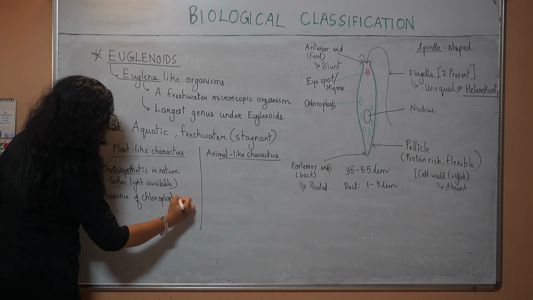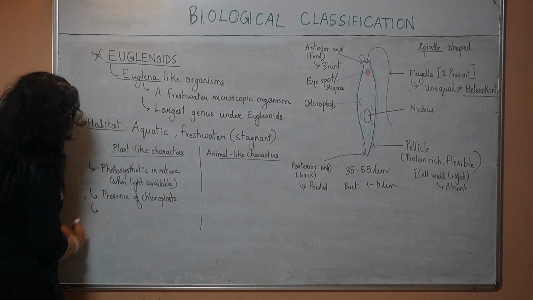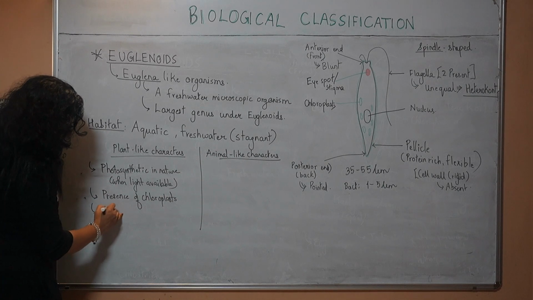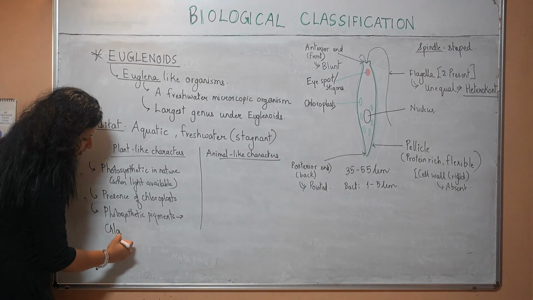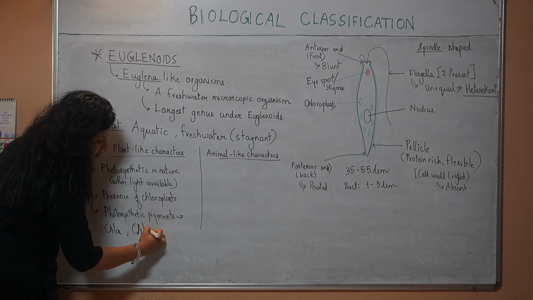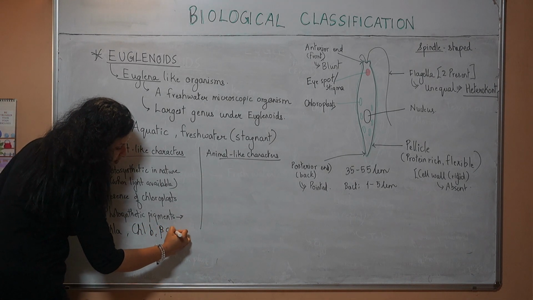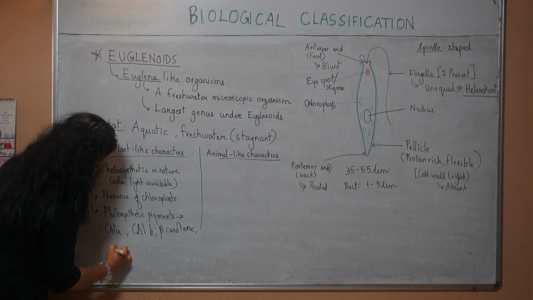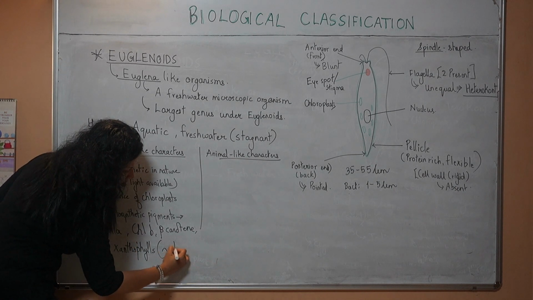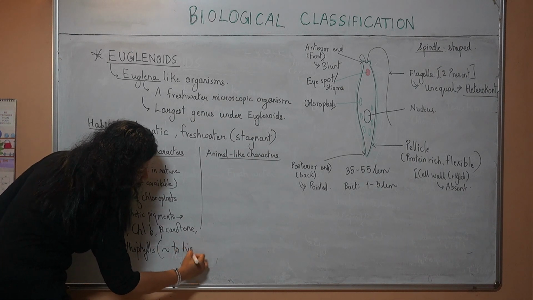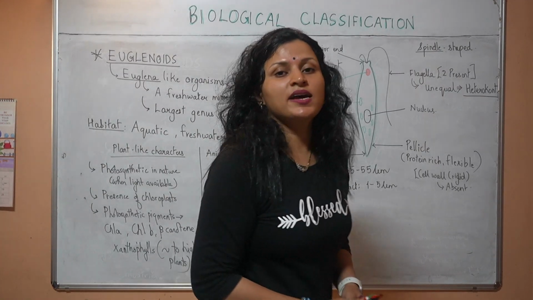Presence of chloroplasts is a plant-like character, and inside those chloroplasts will be photosynthetic pigments. Photosynthetic pigments such as chlorophyll A, chlorophyll B, beta carotene, and xanthophylls are present in them, which are similar to higher plants. Higher plants also have the exact same pigments.